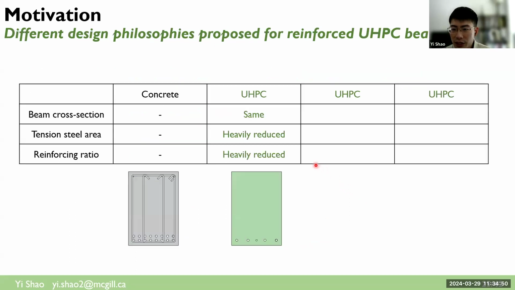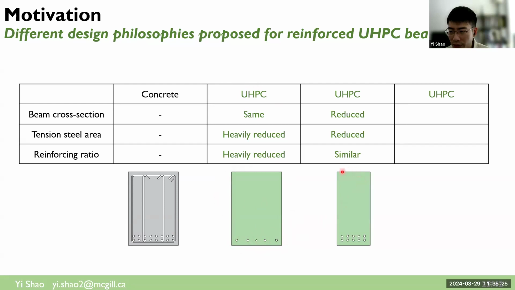A second motivation is, compared to conventional steel reinforced concrete beam, many researchers have been proposing different design philosophies for UHPC beams. For example, some researchers have proposed that because UHPC has such strong tension capacity, we can heavily reduce the tension steel area in steel reinforced UHPC beams to utilize the high tension capacity of UHPC, so we can have a very low reinforcing ratio and easy rebar placement.